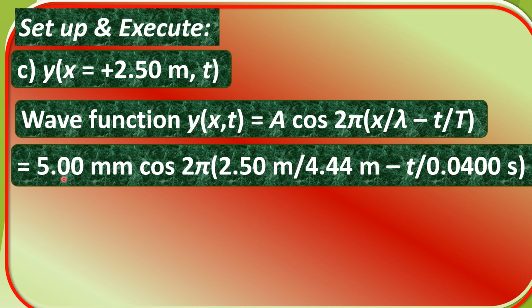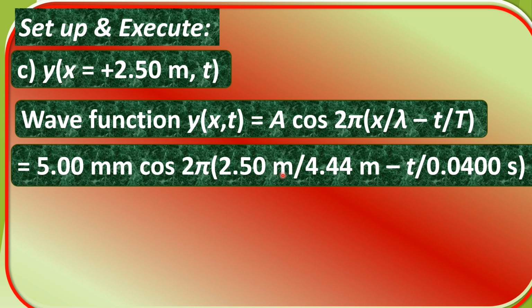We have 5.00 millimeters, to be multiplied by the cosine 2 pi quantity 2.50 meters. This is the specific x coordinate, positive 2.50 meters, and that will be divided by the wavelength that we earlier calculated, 4.44 meters.